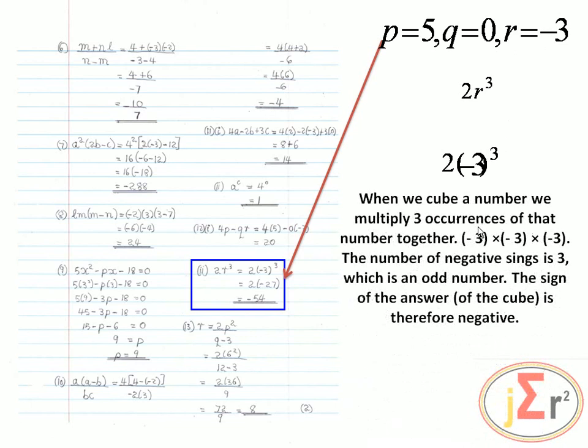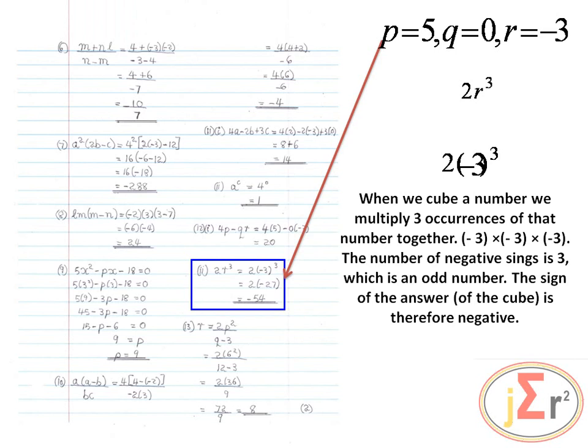When we cube a number, we multiply 3 occurrences of that number together, like the cube of -3, -3 times -3 times -3. The number of negative signs is 3, which is an odd number. The sign of the answer of the cube is therefore negative.